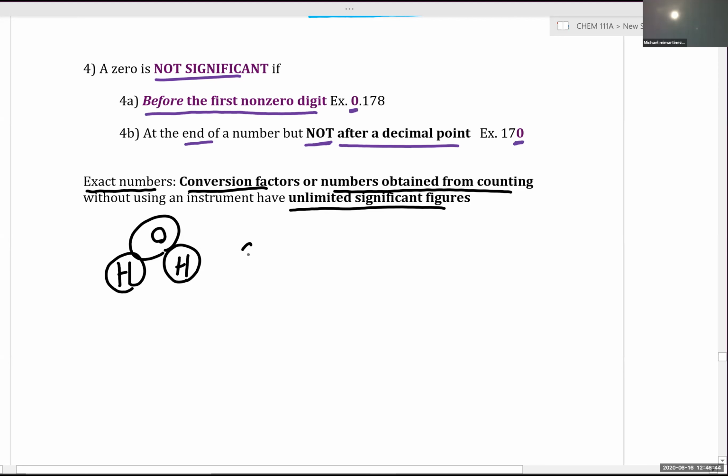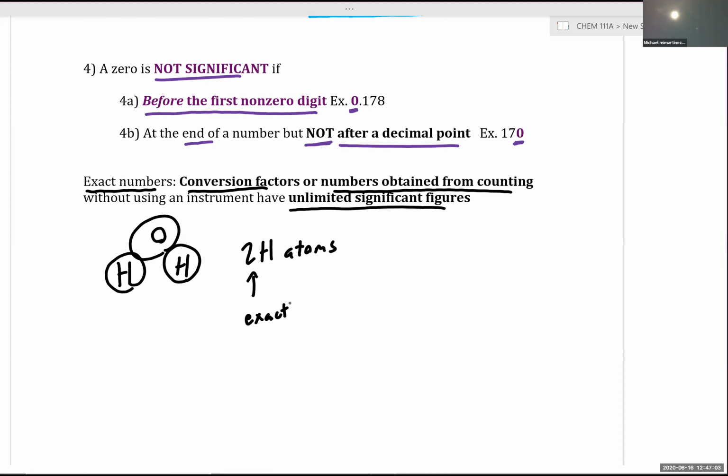in water, we have 2 hydrogen atoms. This number is exact. There's no uncertainty in the number of hydrogen atoms obtained by counting. I'm just physically counting objects that I see.